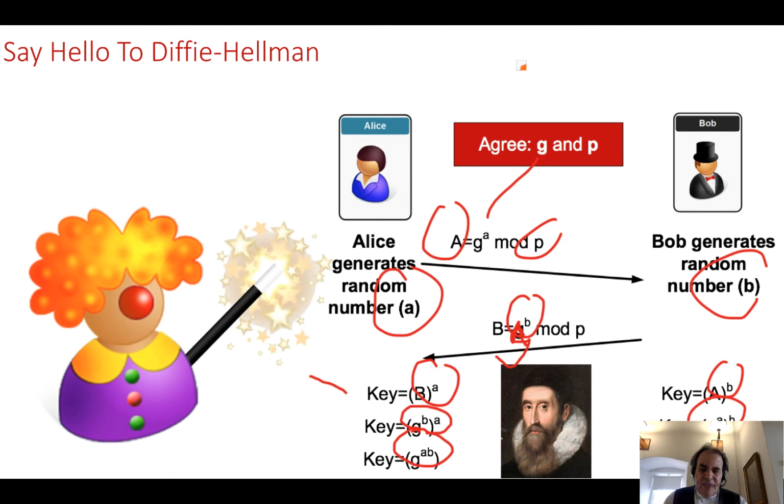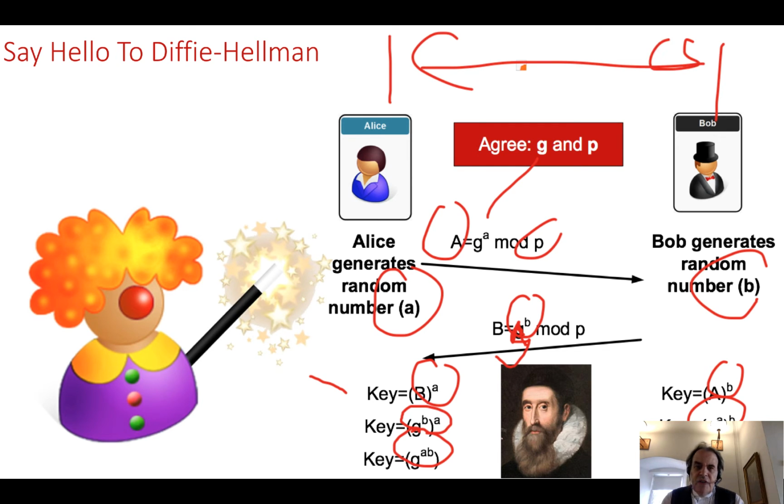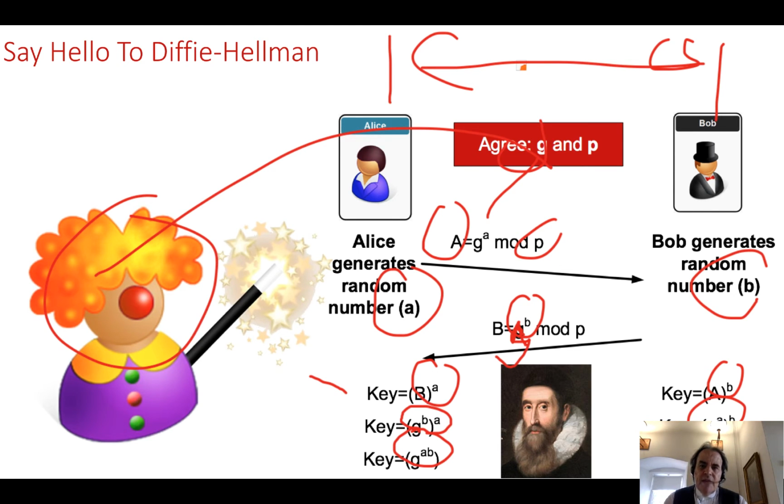In this way Alice and Bob end up with the same shared key, and Eve in between can't determine what that shared key is just by listening to the values of a and b. So Alice sends g to the power of a mod p, and Bob sends g to the power of b mod p, and all works out.